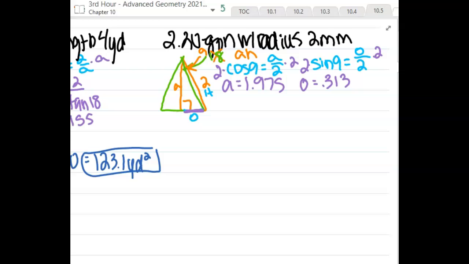I need that entire side length, so you'd have to multiply that by 2, which would give you 0.626, which even that isn't really what I need. I need my perimeter. What am I going to do with the 0.626? Yeah, there's 20 of those sides, so my perimeter is going to be 12.52.